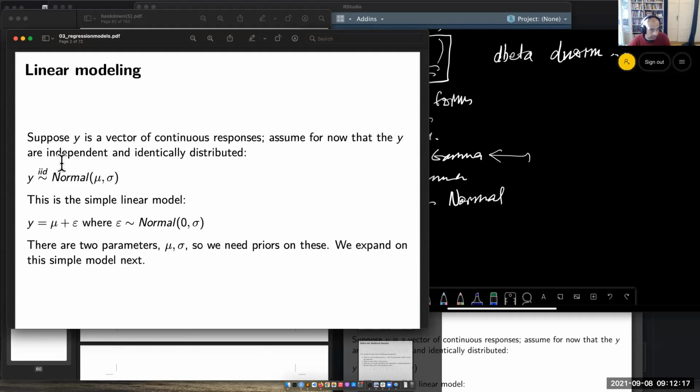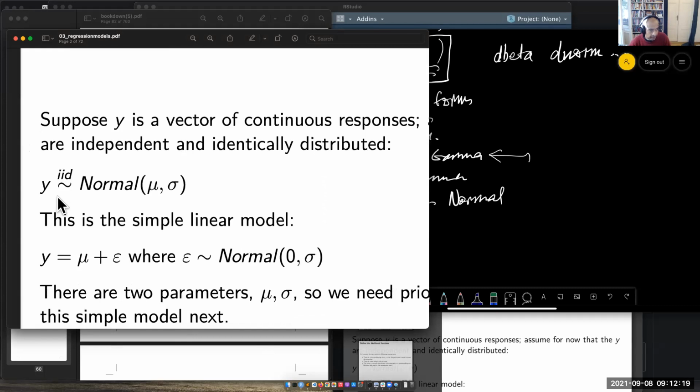On top of the tilde, I've written IID. This is meant to indicate that every data point in this vector is independent and identically distributed. That means that it comes from this distribution with one mean and one standard deviation.